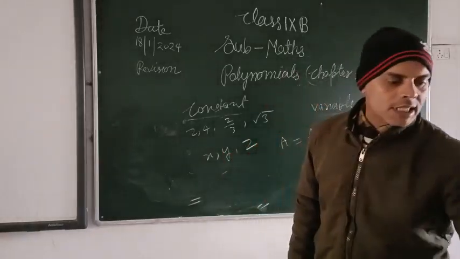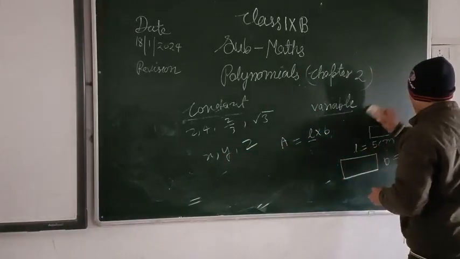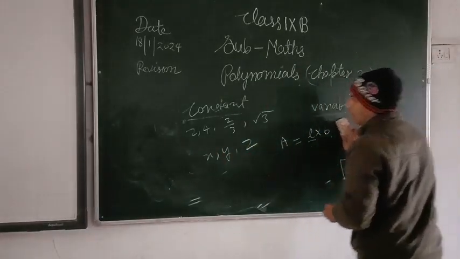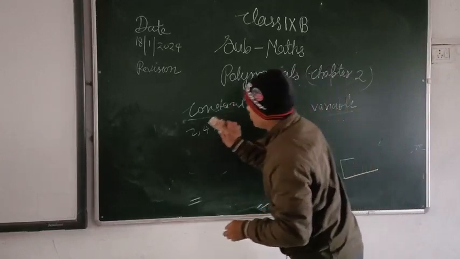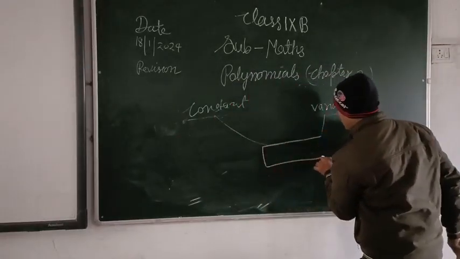So the next term is algebraic expression. What is algebraic expression? The combination of constant and variable.